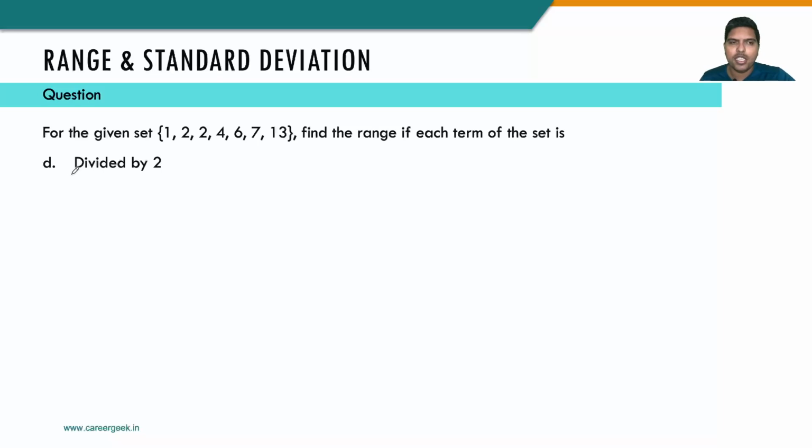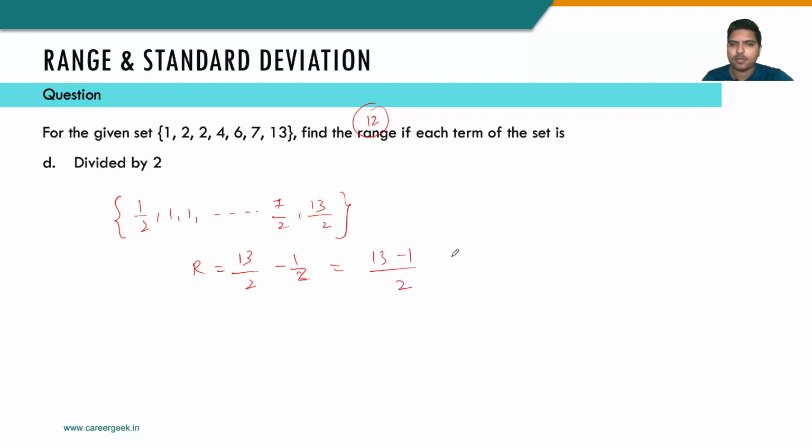Now again, if each term is divided by 2, so 1 upon 2, 2 upon 2, 2 upon 2, 7 upon 2, 13 upon 2. The original range is 12; here the range is maximum minus minimum, which is 6, or half of 12. So when you divide by 2, range also gets divided. The range changes in the same proportion for multiplication and division, and not for addition or subtraction.